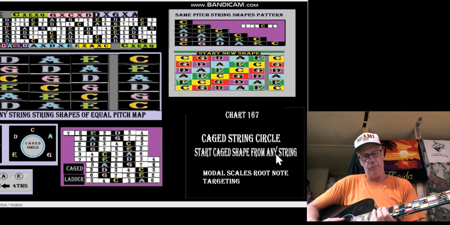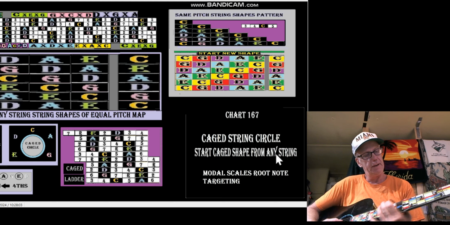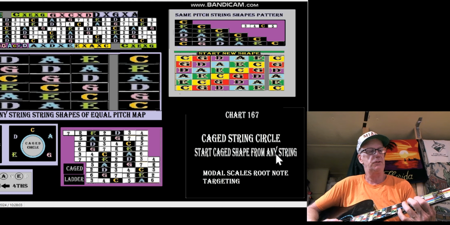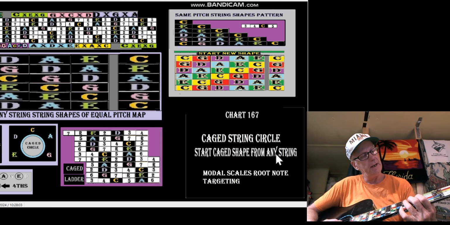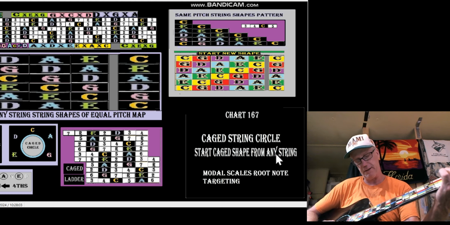And what I found out is we've got the same notes here and here for starting that second string G shape. There might not be enough room to start a third string G shape here, because you can see it goes below even my fret nut.